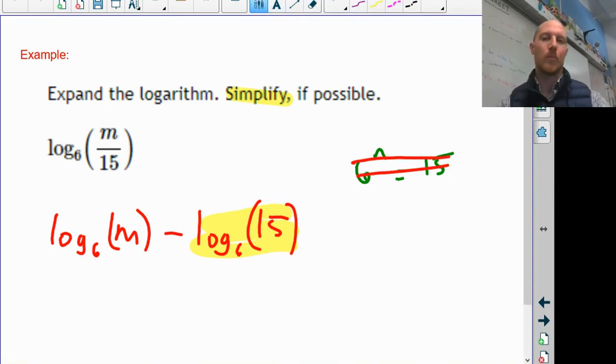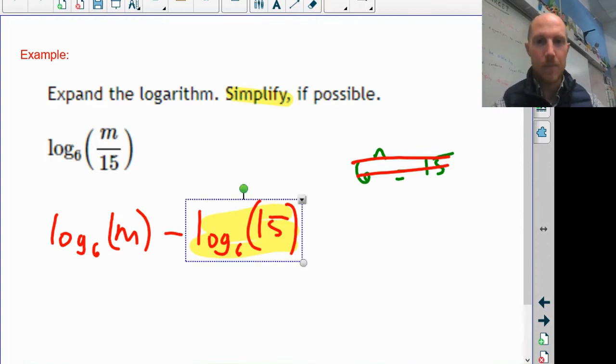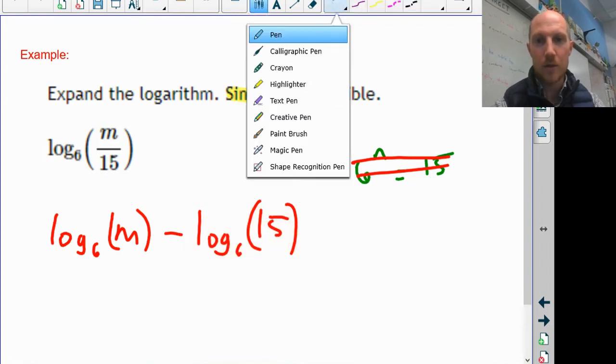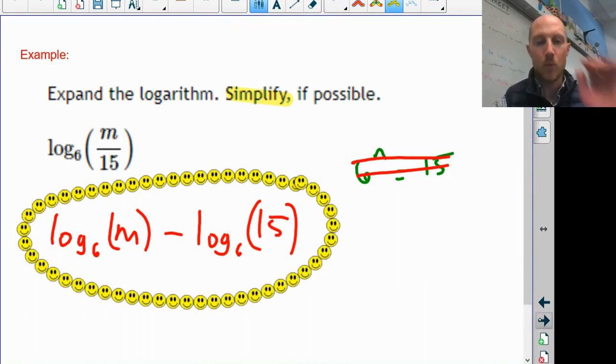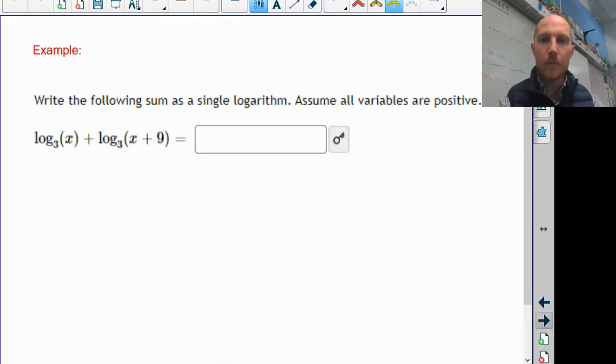There are no whole number exponents that would work to give me 6 to that power to equal 15, right? So I checked, cannot simplify this time. Get rid of that highlighting, and final answer. Woo.